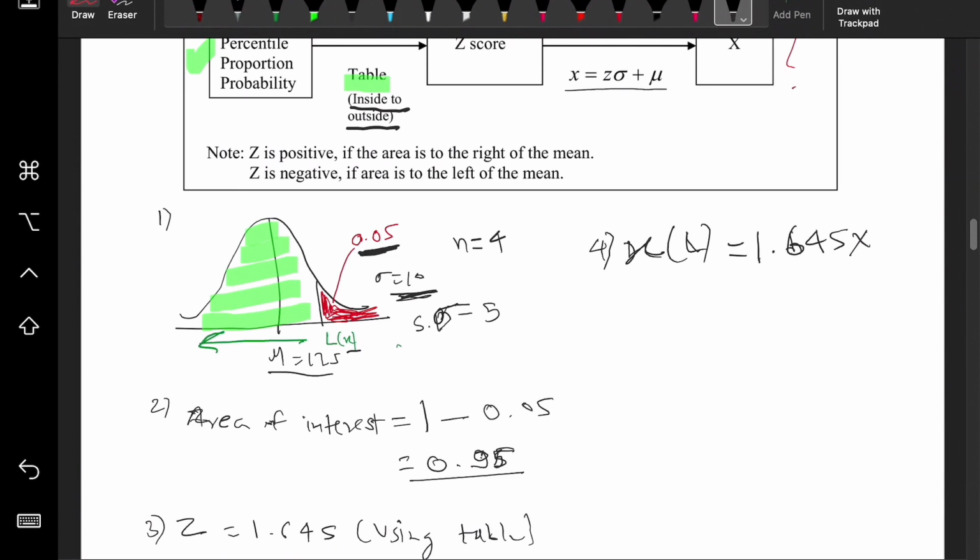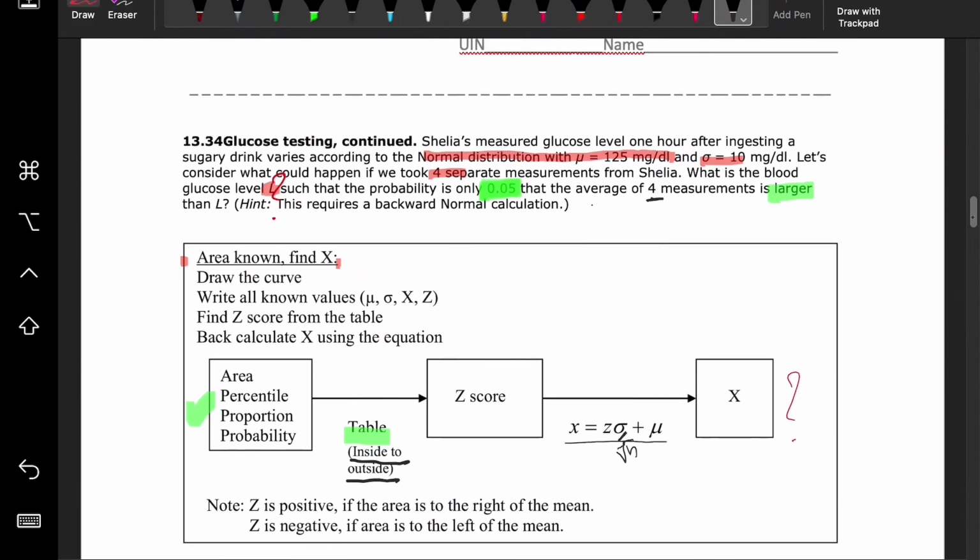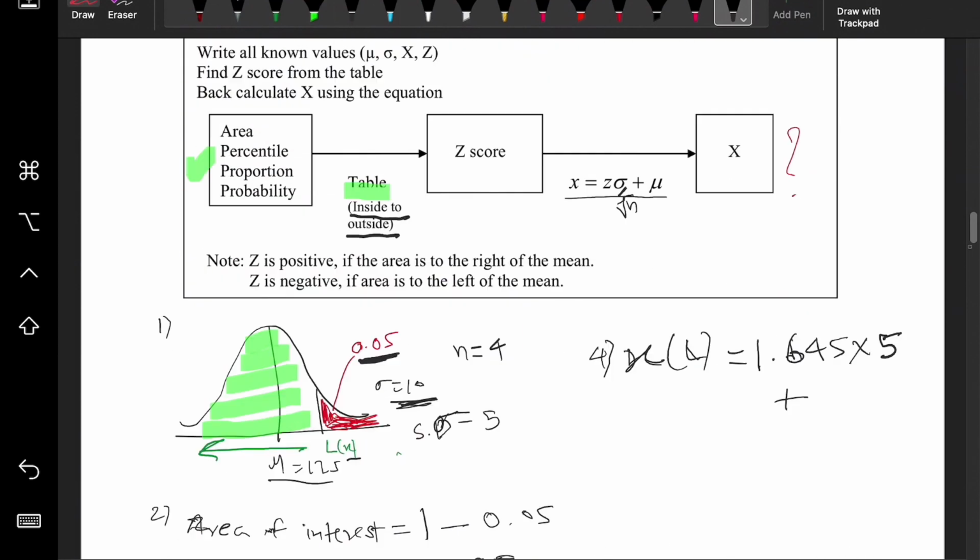So now here you should be using sigma over square root of n, because it's a sampling distribution. So it's going to be 5 and then add mu, and the mu is 125.